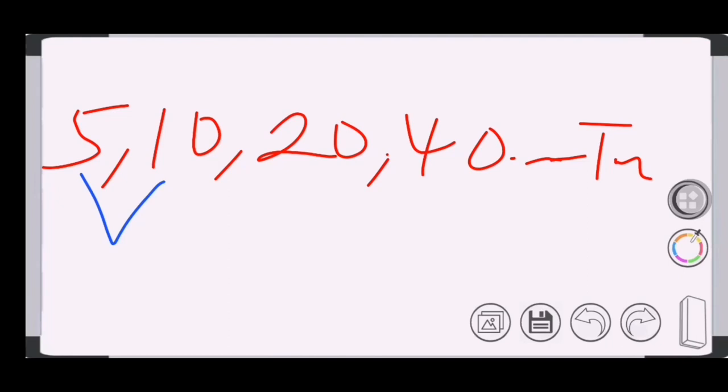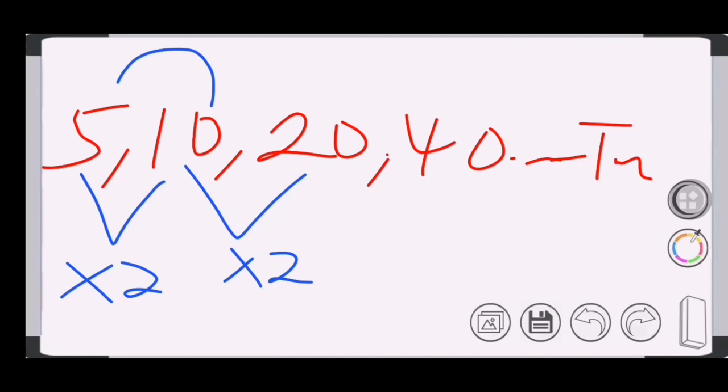So you have to try out many different ways we are getting the various terms we have here. 5 to 10 plus 5 is not working. How can we get to 10 from 5 apart from adding 5? We can also multiply by 2, right? Good. So 5 times 2 is 10. 10 times 2, 20.